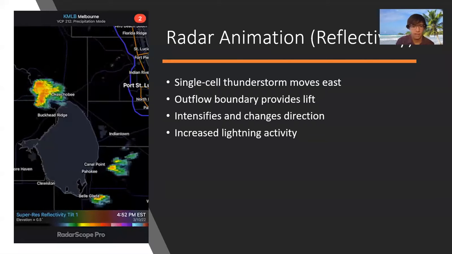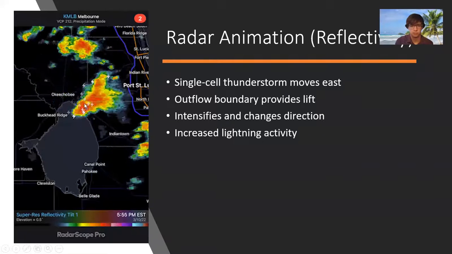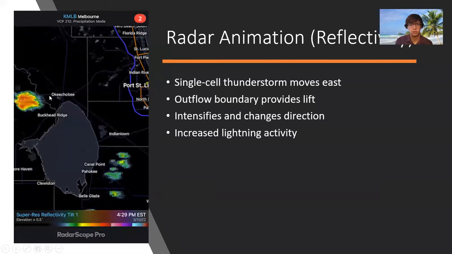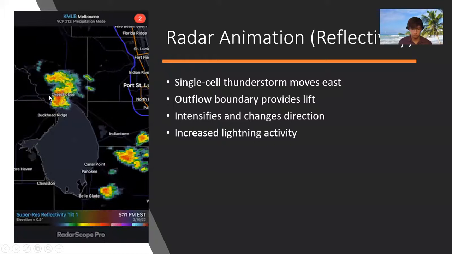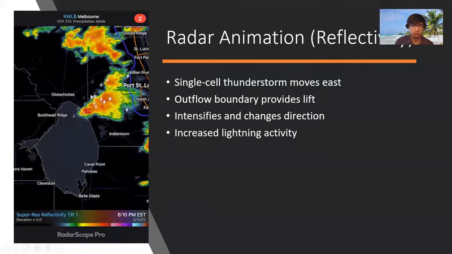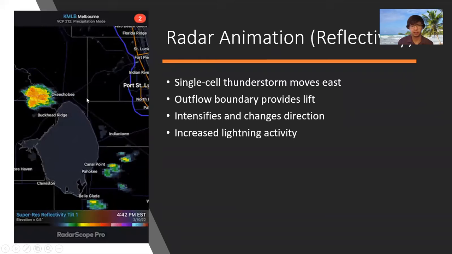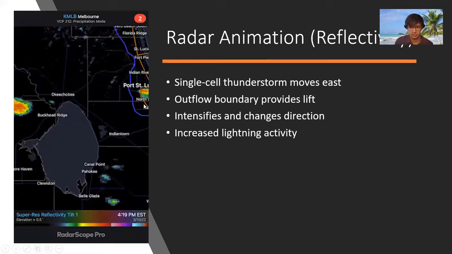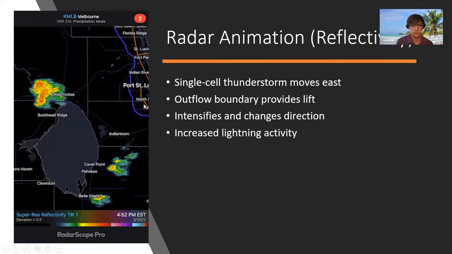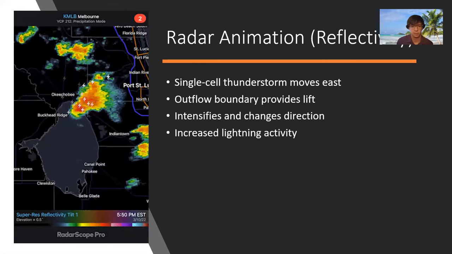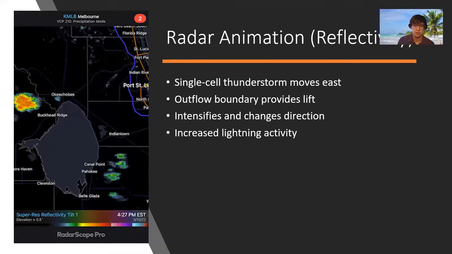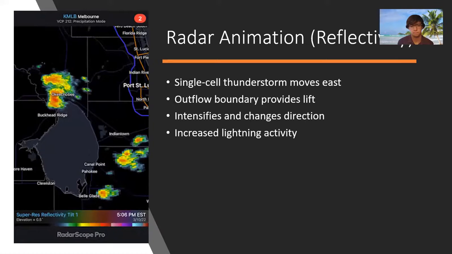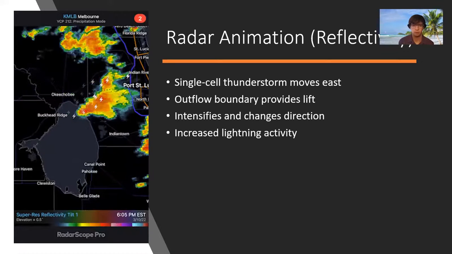A closer look at that same storm shows the cell moving eastward, north of Lake Okeechobee. And then upon collision of the cell, it intensifies, the precipitation rates increase, and the lightning activity increases. And on top of that, the storm changes direction towards the area that the outflow boundary was coming from.